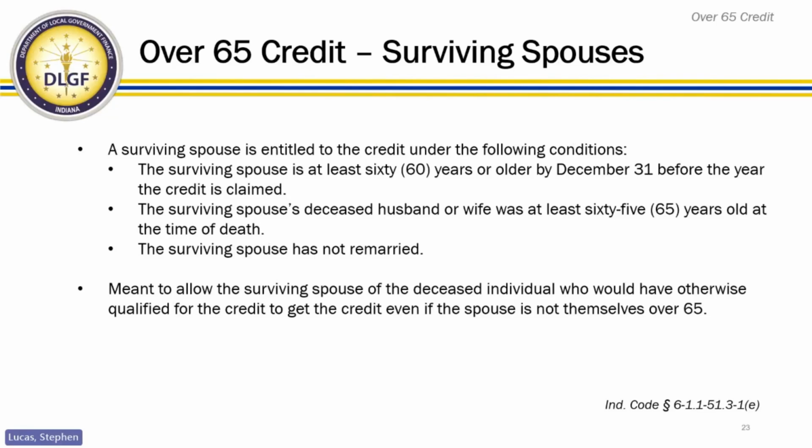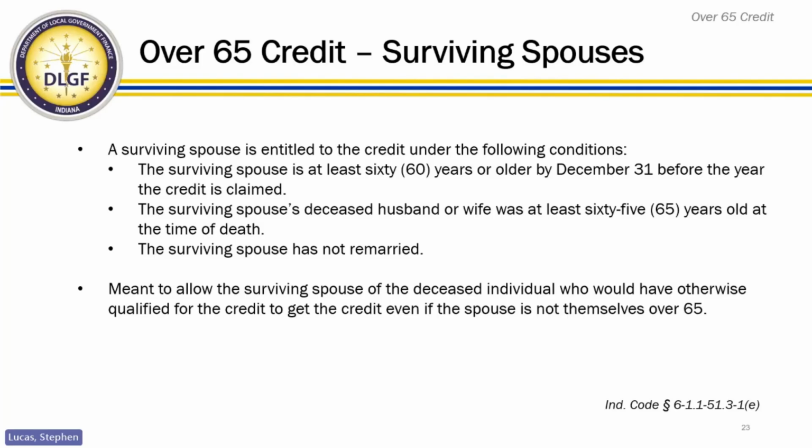This credit statute also speaks to a surviving spouse that can be entitled to the credit under certain conditions. Those conditions are that the surviving spouse is at least 60 years or older by December 31st before the year the credit is claimed, so not 65, but 60 years or older.